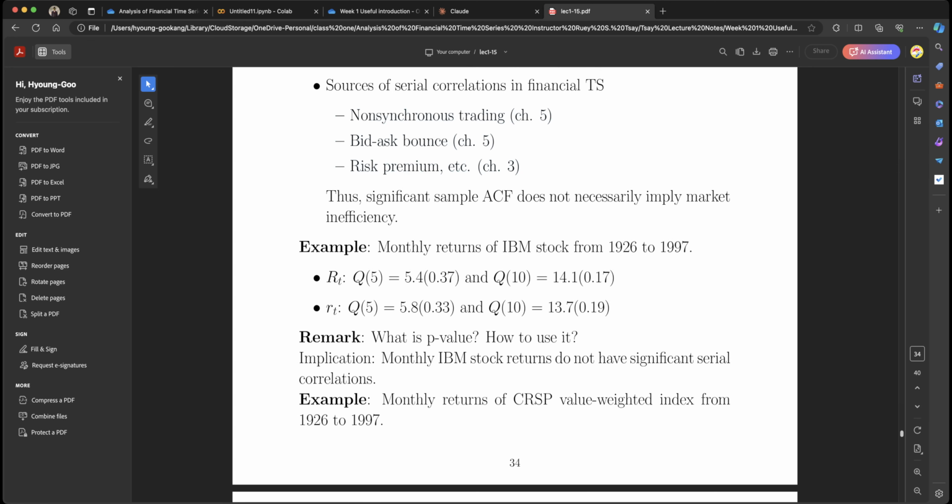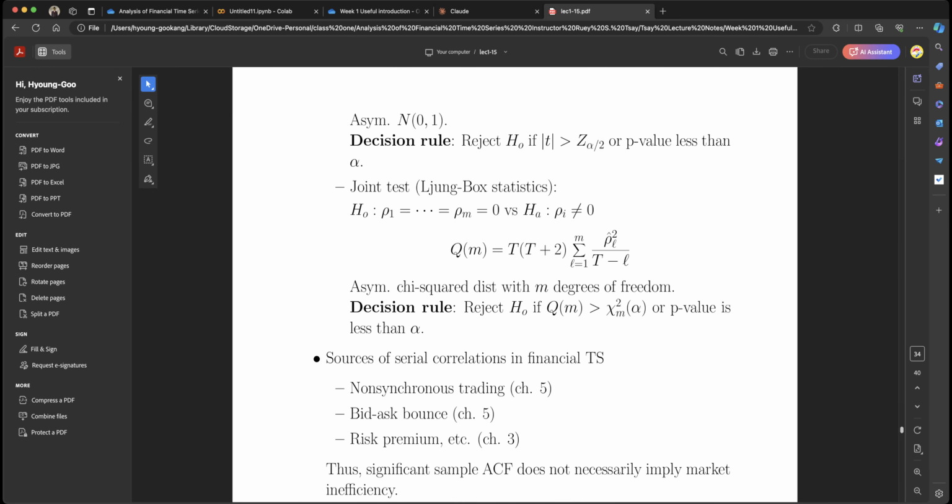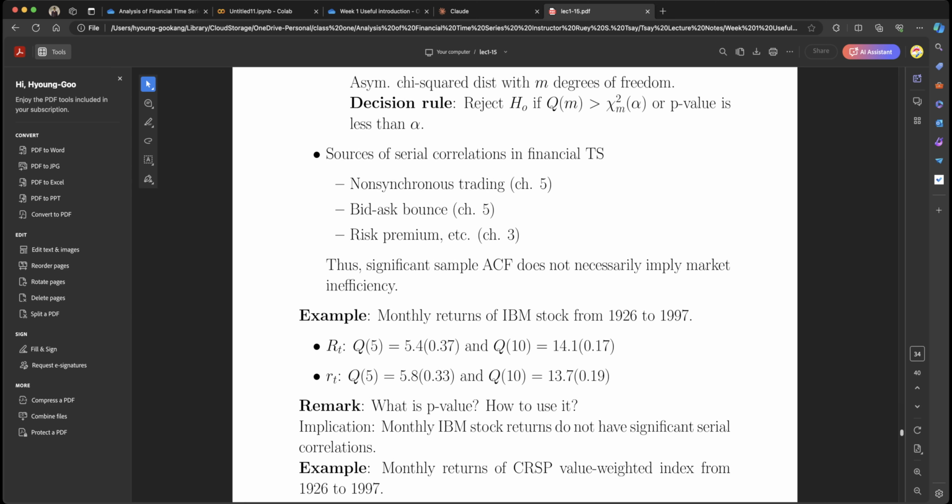Example: monthly return of IBM stock from 1926 to 1997. Q5, what is Q5? m is 5. It's monthly return, so it is the 1 month correlation, 2 months correlation, up to the 5 months correlation. Are they all zero or not?